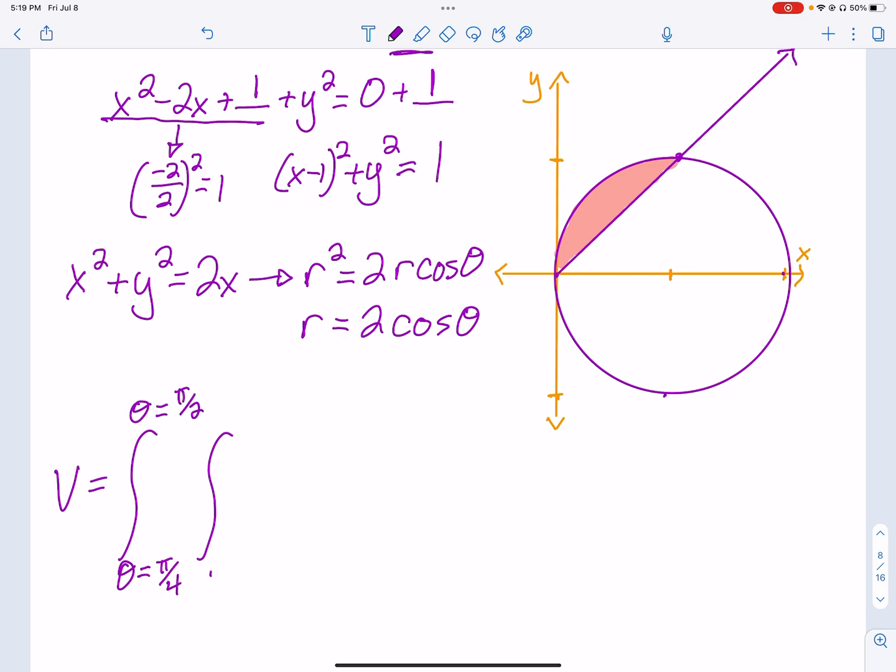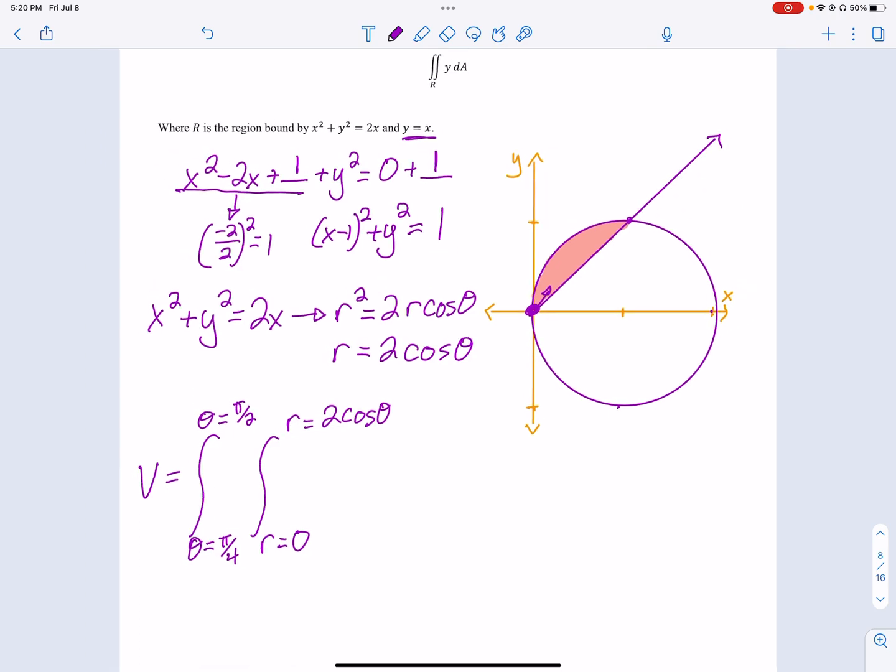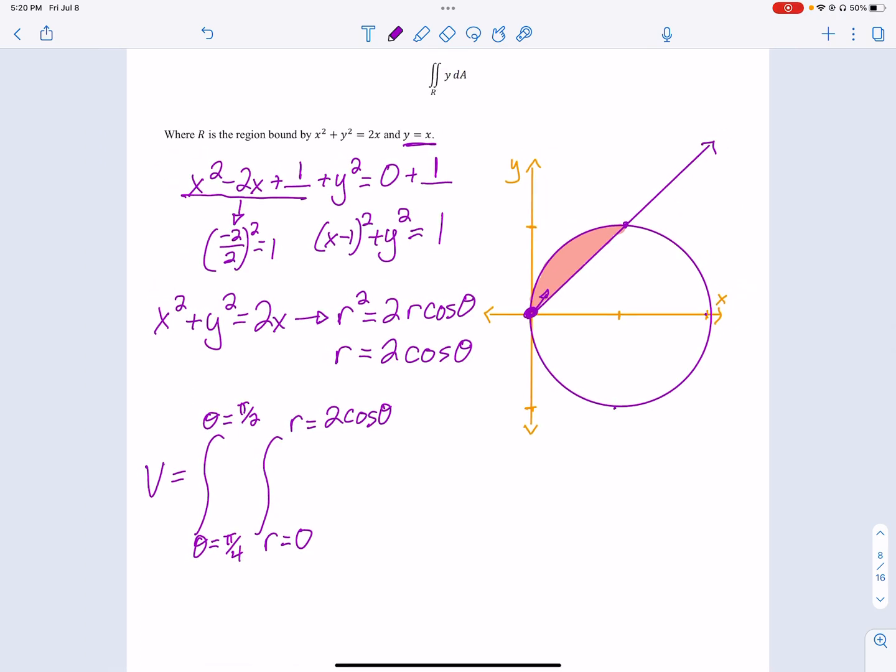And then, okay, r's. Well, if I start here at the origin and I go out towards, I'm already in the region. So it goes r equals 0 to r equals the circle, 2 cosine theta. The argument inside, if we look back at the problem, was just a y there. So this is just r sine theta, r dr. Don't forget the r.